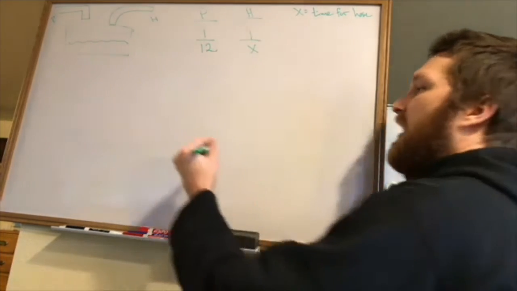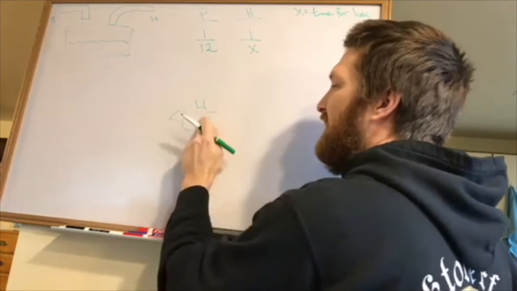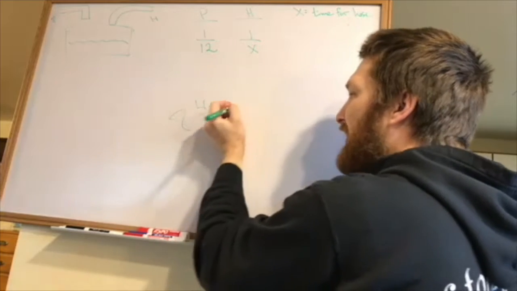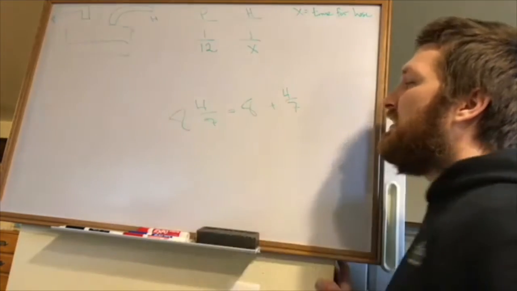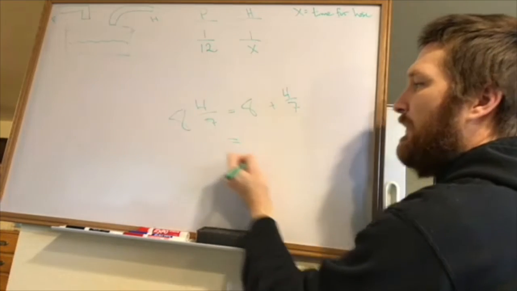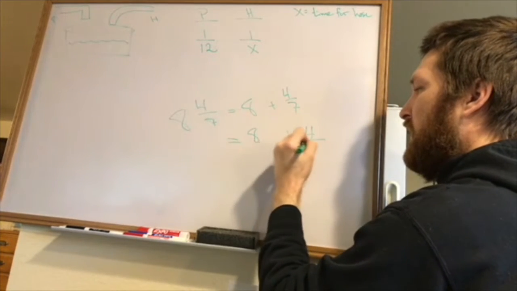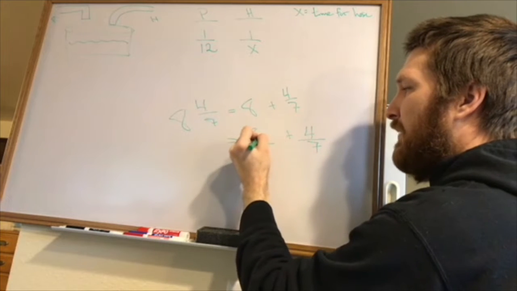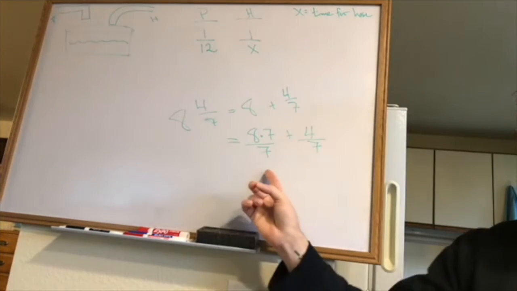Okay, first off, let's go ahead and convert this. 8 4/7 means 8 plus 4/7. So if I need a common denominator, that common denominator's got to be 7. So if I multiply 8 by 7 and divide it by 7, remember this little trick that I've done before.